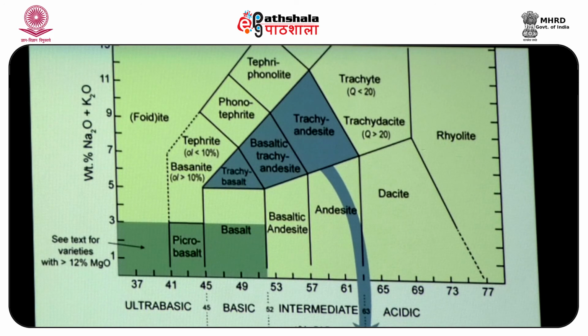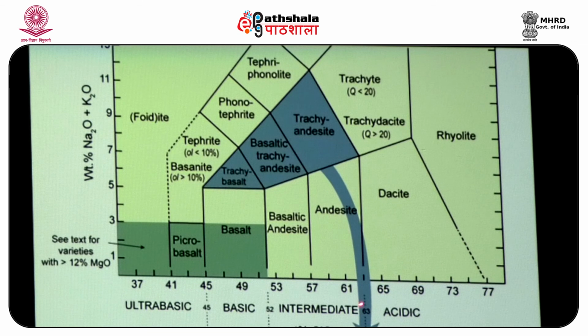These will be known as basic and mafic, where you have silica between 45 and 52%, it is called basic rocks, or when you have mineralogy available, it is called mafic rocks.